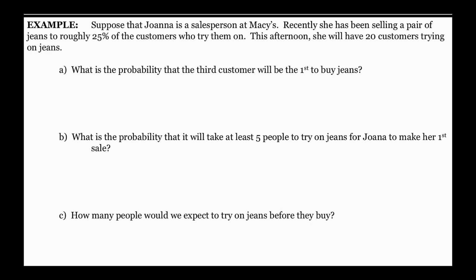So that means the first person comes in, tries on the jeans. Nope, I don't want them. They don't buy them. The second person comes in. Nope, I don't want them. Didn't buy them. The third person comes in, tried them on. Yeah, I'll buy them. Right? So what's the probability that the first success is the third customer to come in?